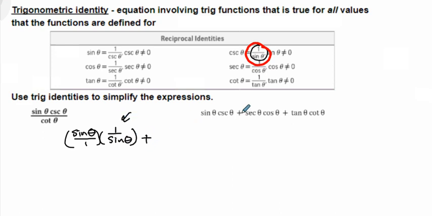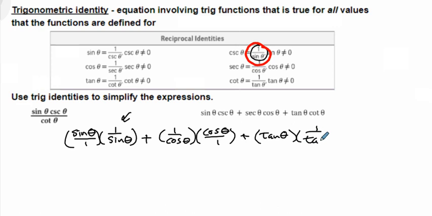Now plus, I'm going to rewrite secant theta as 1 over cosine of theta, and then I'm going to leave cosine theta how it is, and put it over a fraction, and then tangent theta, I'm going to leave as tangent theta, and then I'm going to rewrite cotangent theta as 1 over tangent theta.